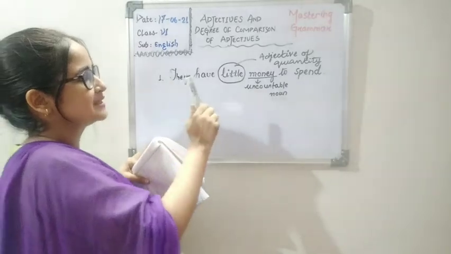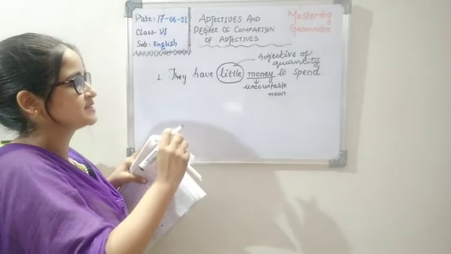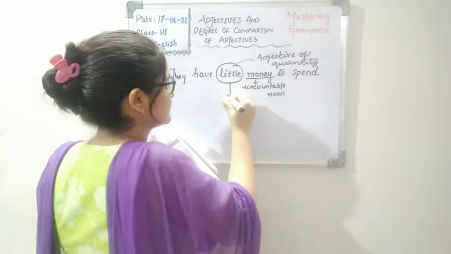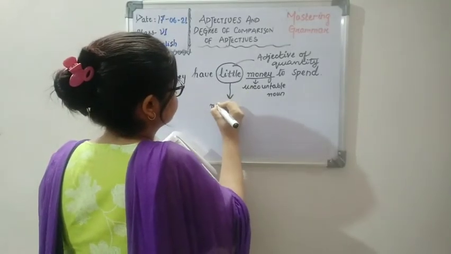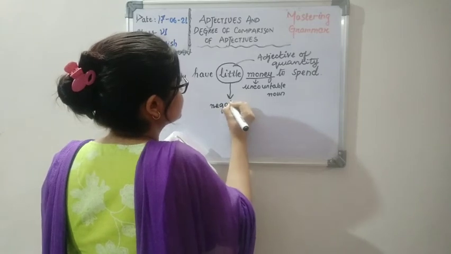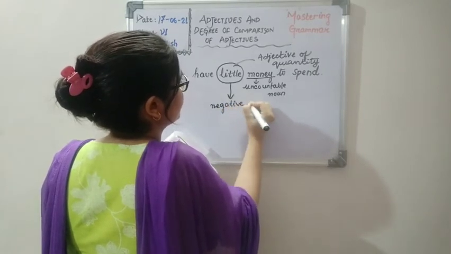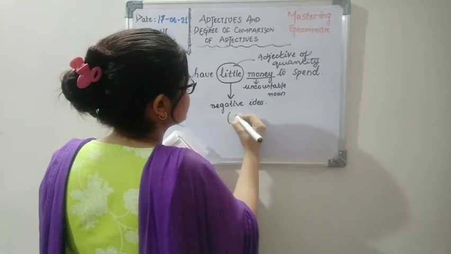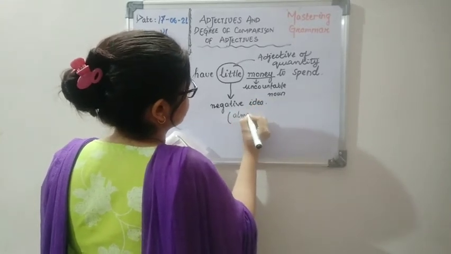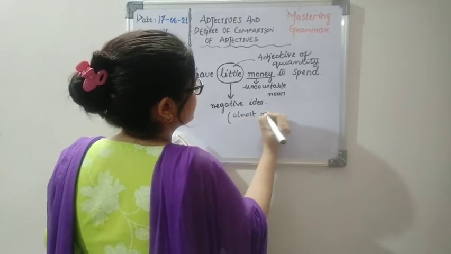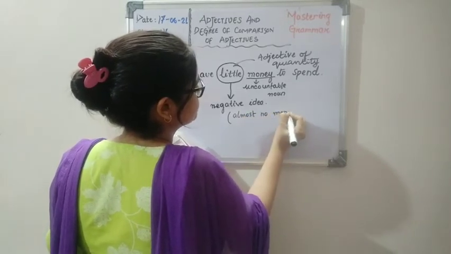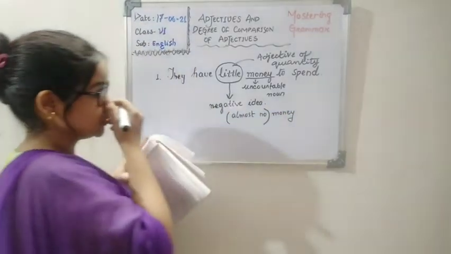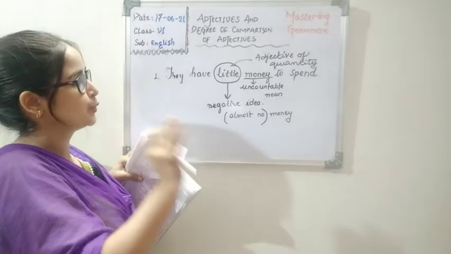Why have I used little here? Because I want to say that he has almost no money. So this is used in a negative sense. Okay. So this one is a negative idea, which means he has almost no money. Little means almost nothing, almost none.